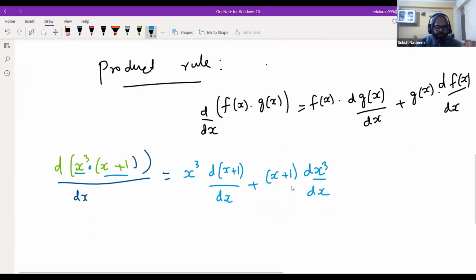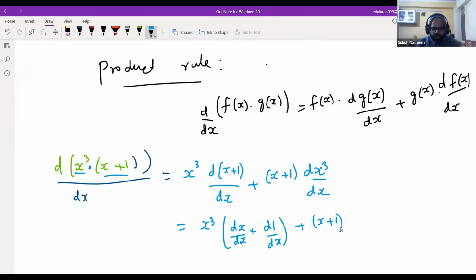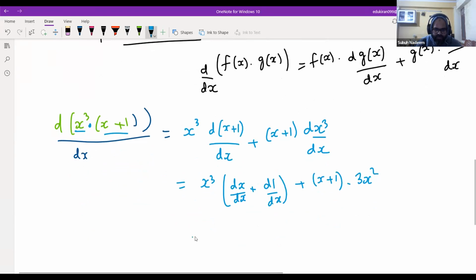So x cube into d by dx of x plus 1, by the rule of sum, d of x by dx plus d of 1 by dx, plus x plus 1 into the derivative of x cube, which is 3x square, since x to the power n gives nx to the power n minus 1.